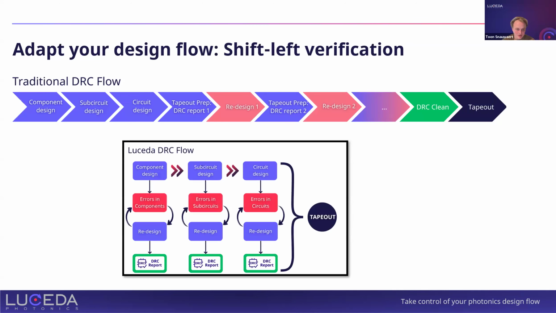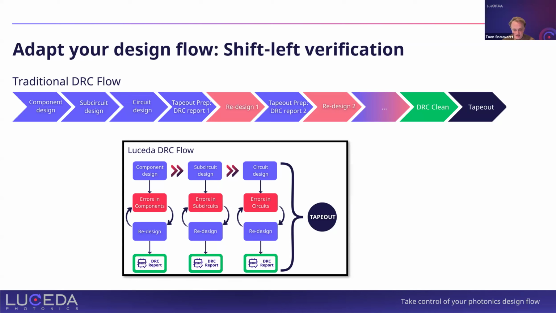With Luceda DRC, we offer an adaptation of your design flow. We make sure that the verification step can happen a lot earlier in the process. For example, when you're designing your components, you can already run a DRC check on your components so that you can have DRC clean components to create your sub-circuits. Then the same thing for the sub-circuits.